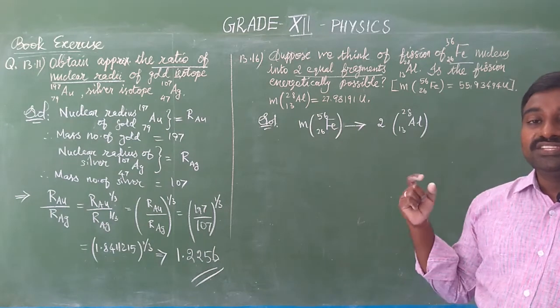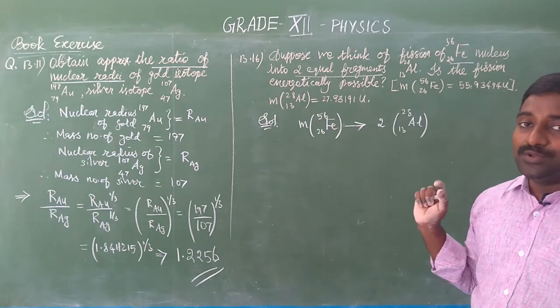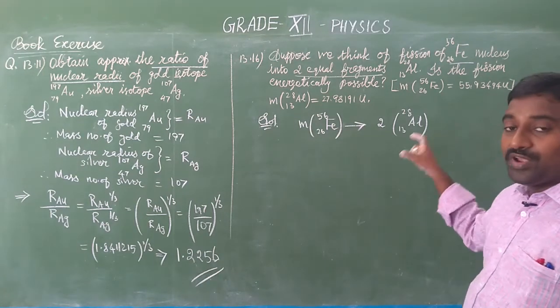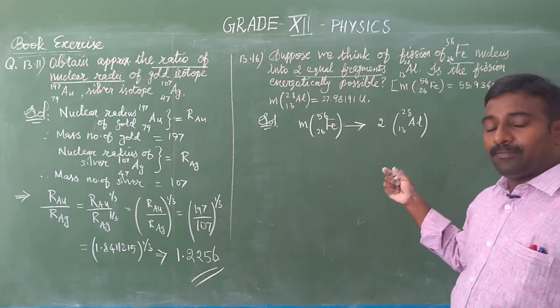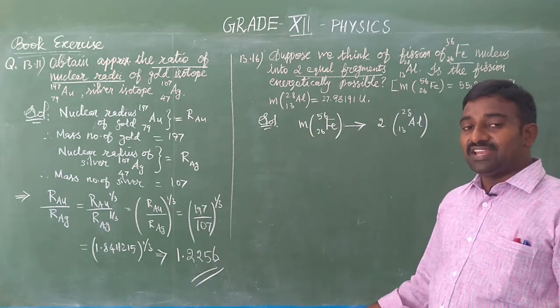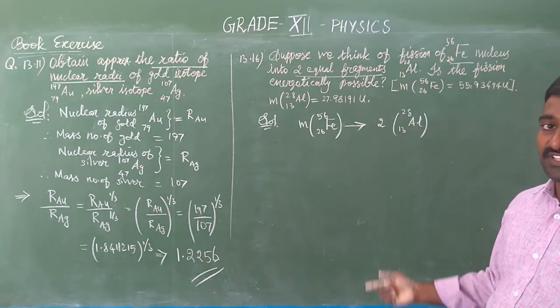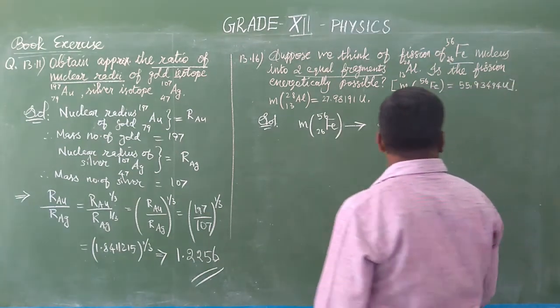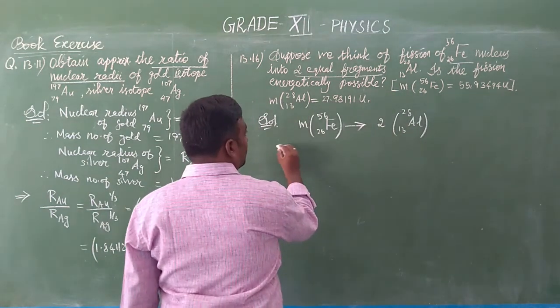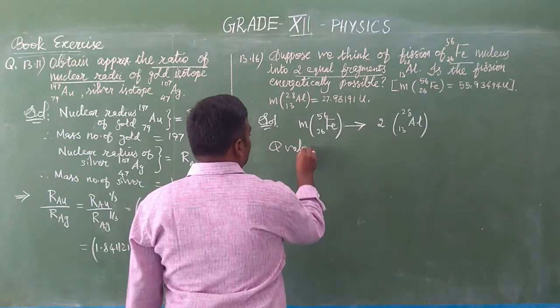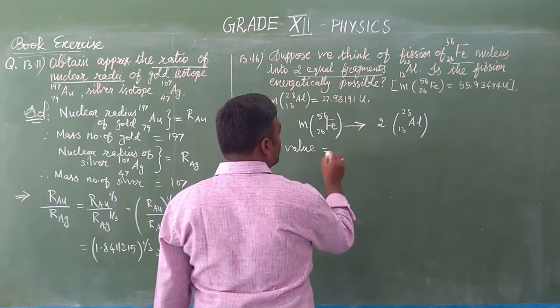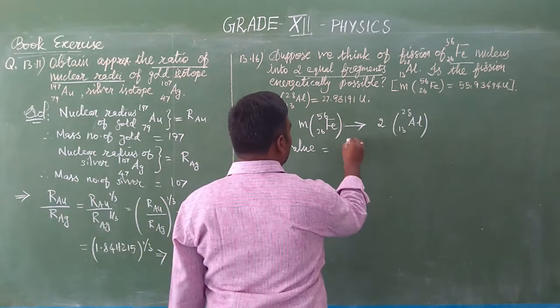For an energetically possible fission process, the Q value must be positive. So we are going to find the Q value. From finding the Q value only, we can determine whether the fission reaction is energetically possible or not. So Q value is equal to, similarly, Δm c square, no?